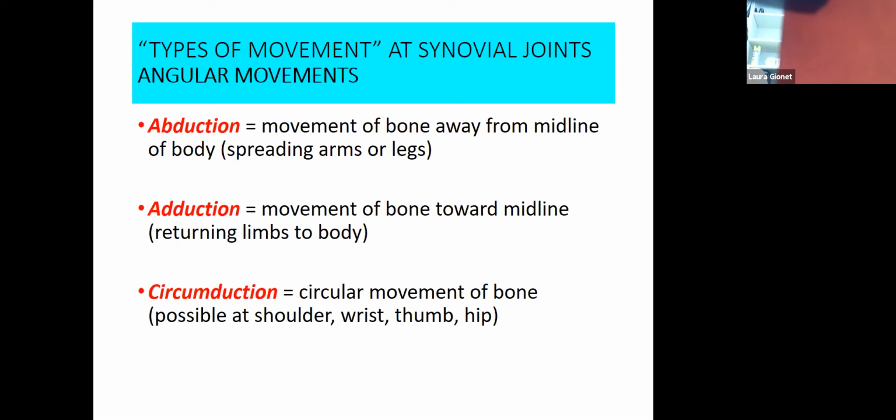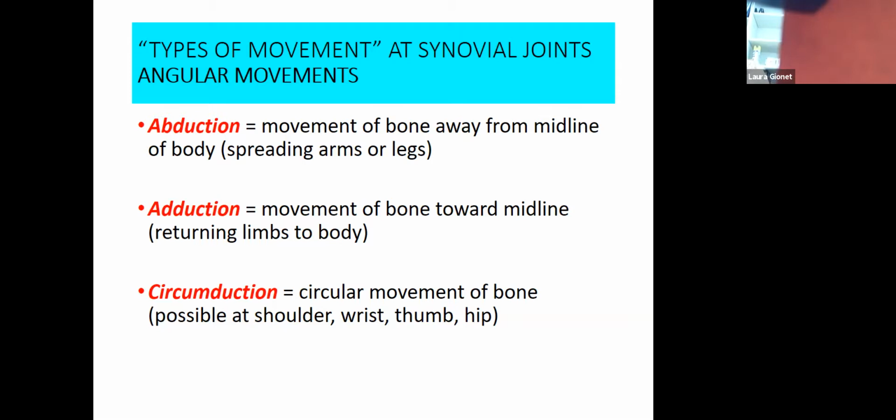Abduction, adduction, and then circumduction. I always say abduction because when you articulate this, it's easy to say it quickly, and sometimes people can't quite hear whether you're saying abduction or adduction. Right? So I always say abduction. AB means away from.